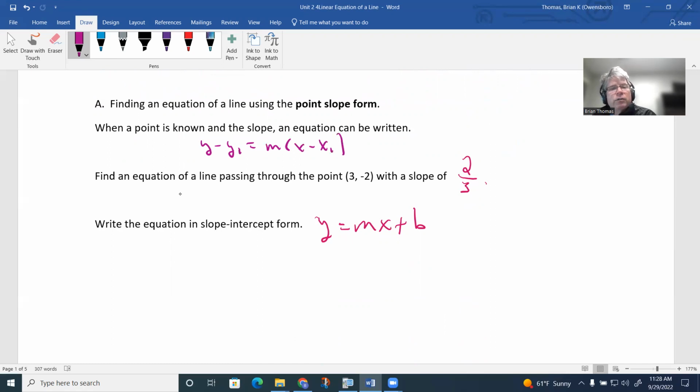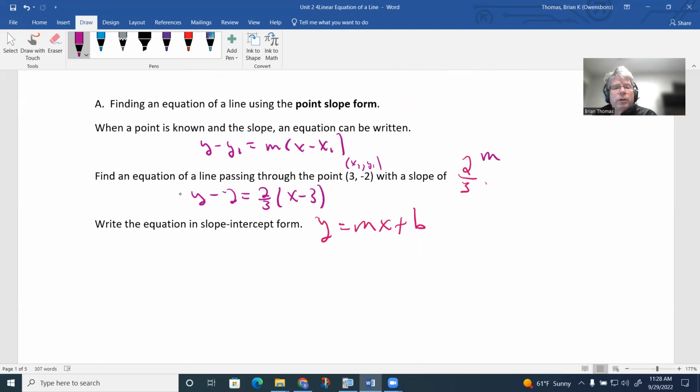So if I give you an equation of a line that passes through the point 3, -2 with a slope of 2/3, what I can do is replace the y1 and the x1 with the given point. And the 2/3 is going to be our slope. So this becomes then y take away a -2 equals 2/3 times this x minus 3.